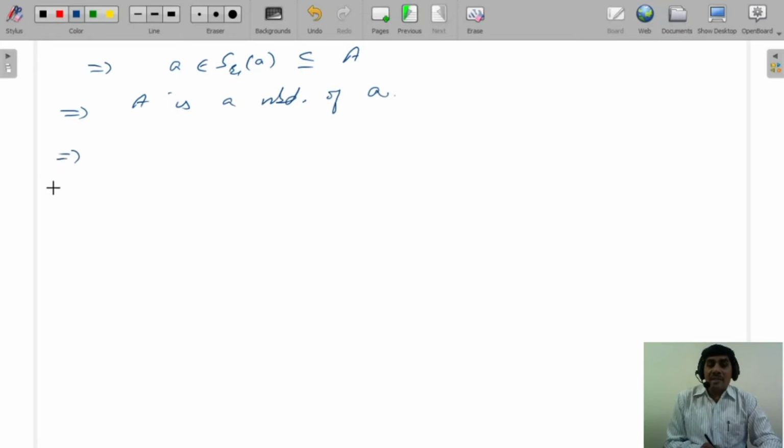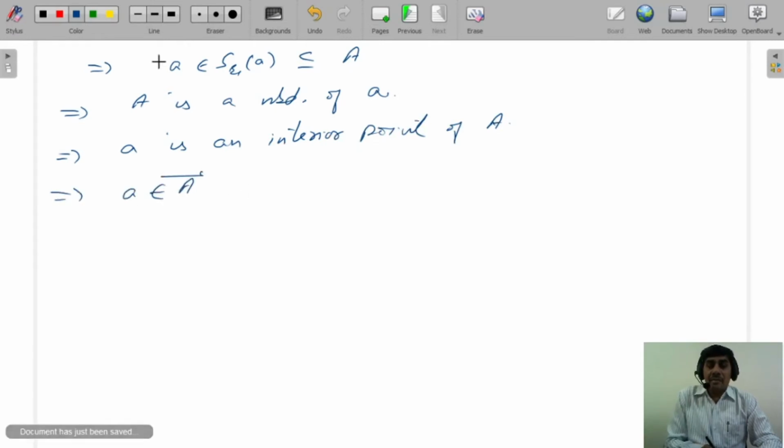This implies a is an interior point of A. This implies a belongs to A interior.